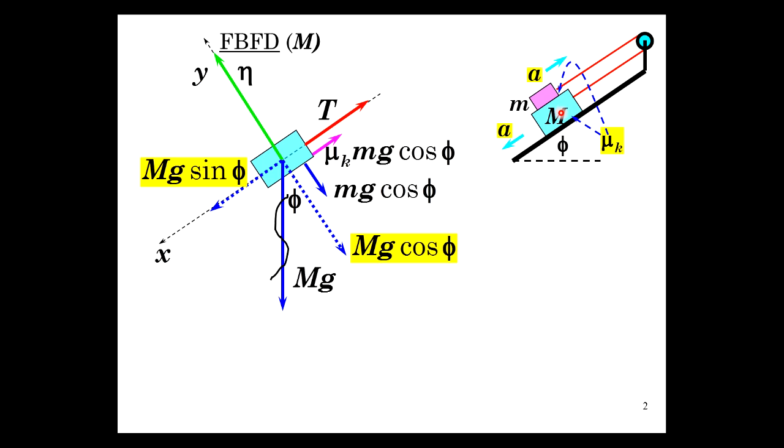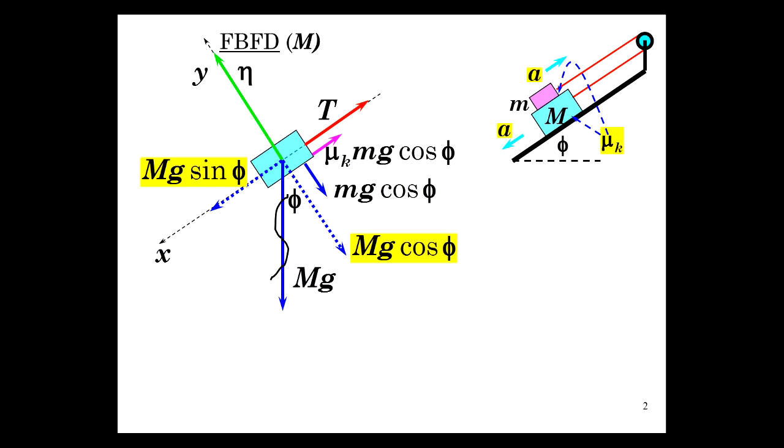Or you could think the large block is sliding down. It's sliding underneath the little block, and therefore the friction is in the opposite direction of that, which is up. Or just think of the little block sliding against the big block, trying to drag it up the ramp. Does that make sense? In any case, that force is directed upward.